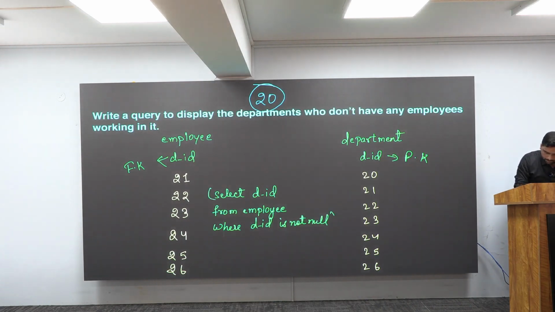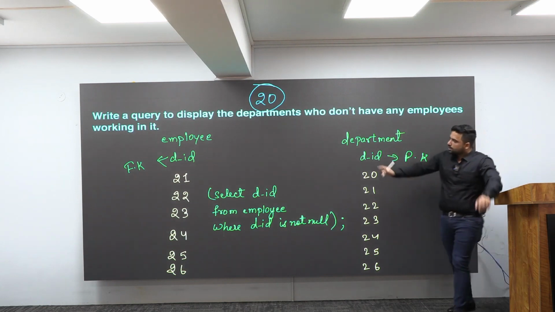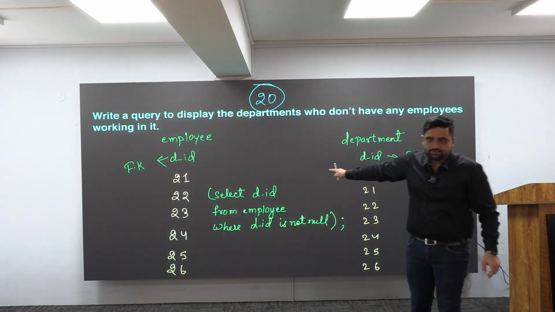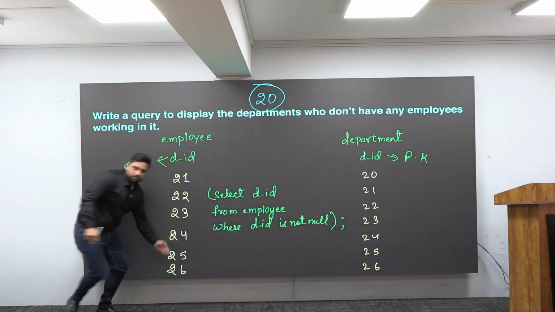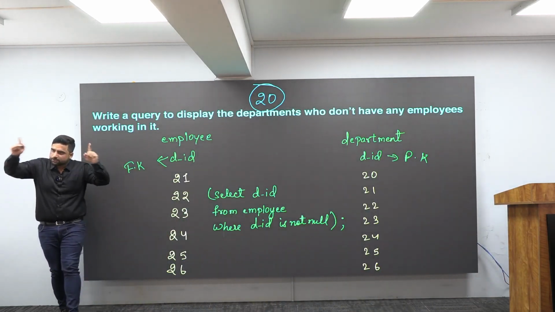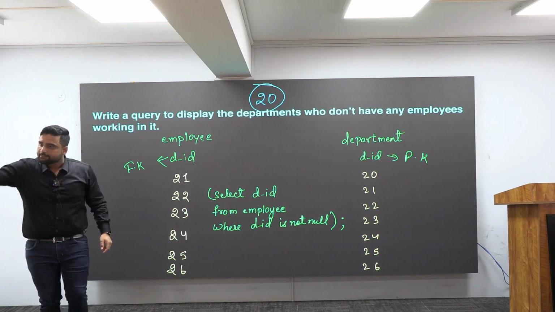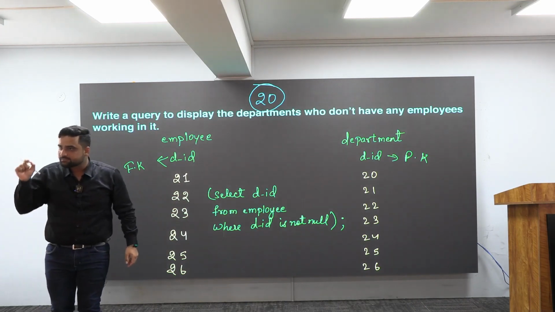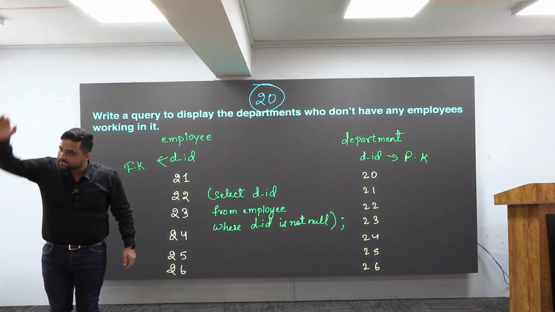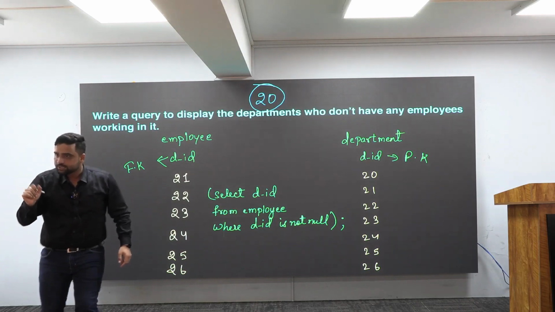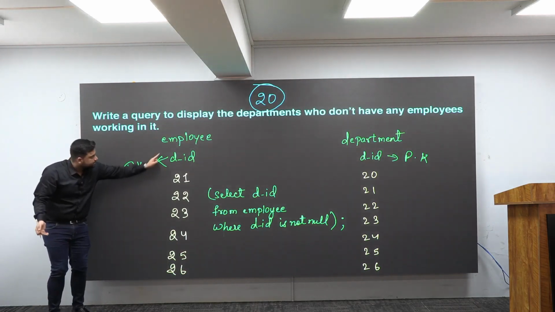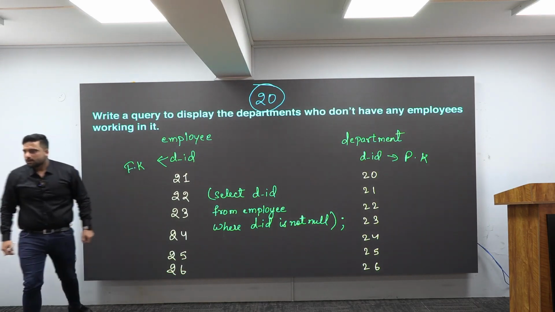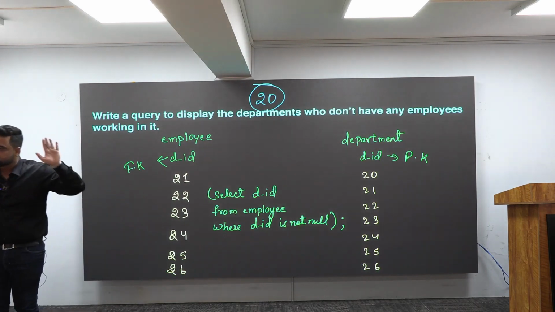Now, what information will this query return to us? All the department IDs from the employee table. Now please focus over here. Inside our employee table, whatever departments we are having, those departments are repeating multiple times. Yes, we can have duplicate values, because this is a foreign key. Now, how can we remove duplicate values?